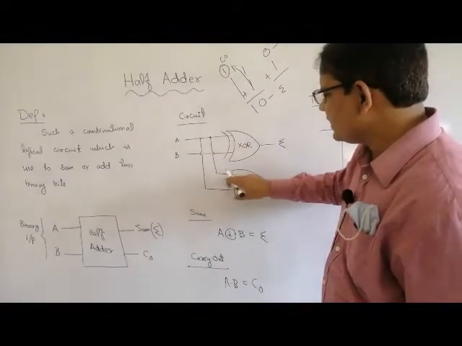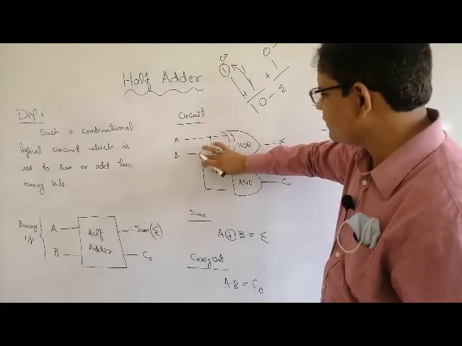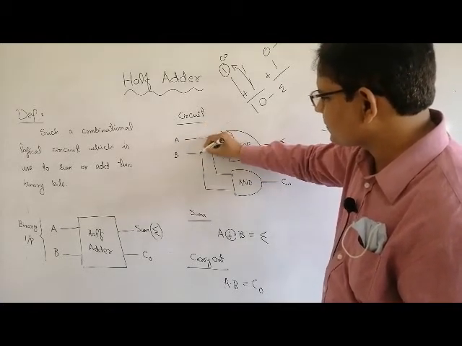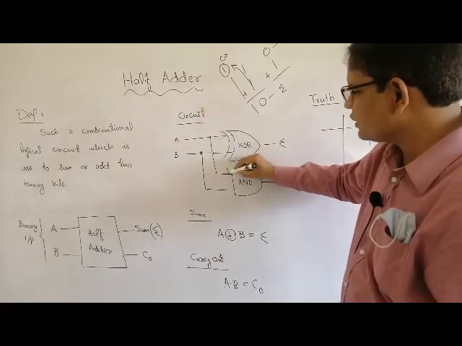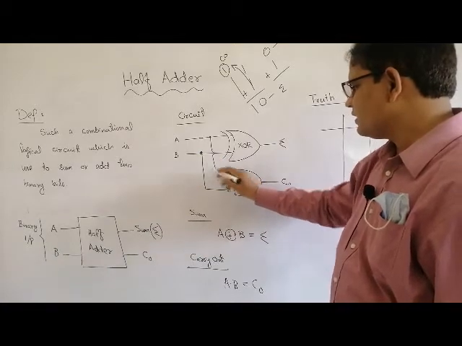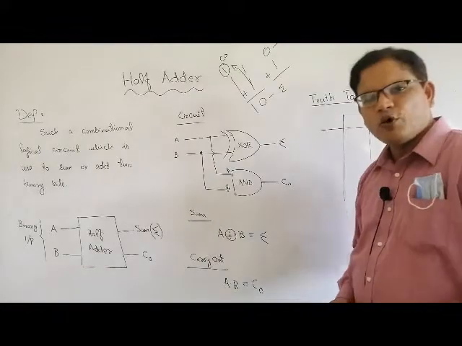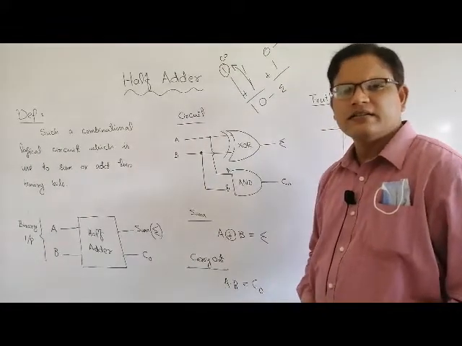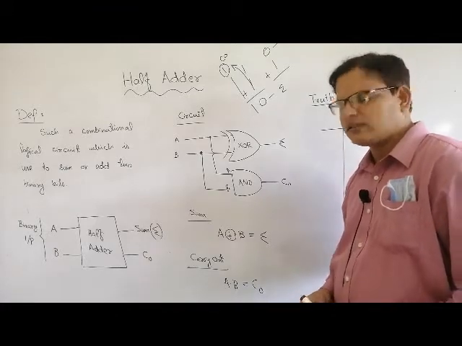We have designed another input: from the A input and from the B input, we connected another input with this AND gate. So both the exclusive OR gate and the AND gate combinationally make our half adder circuit.